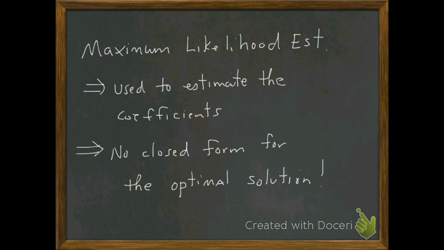So what we end up doing is we either depend on computers to go through the iteration process, or we learn the Newton-Raphson method, but that's going to have to wait until the next class. So we're going to take it easy here.